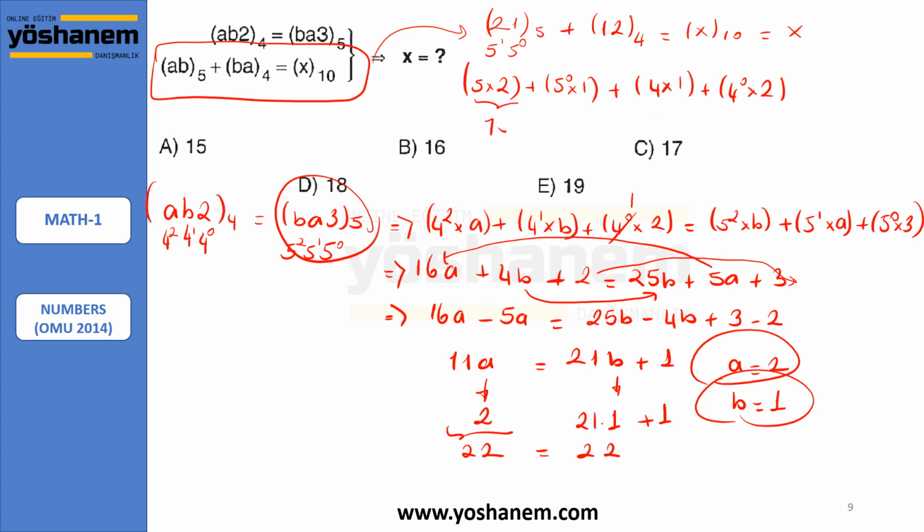This is 10 and this is 1 plus 4 plus 2, okay, and this is x. So 1 plus 10 plus 1 plus 4 plus 2 is 17, right? And that's my answer.